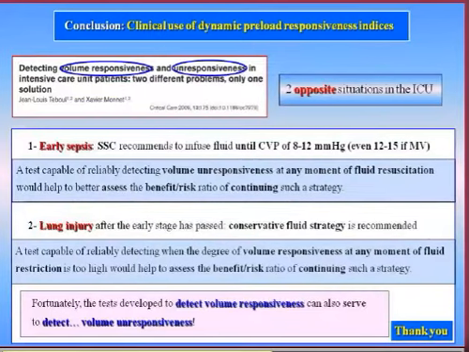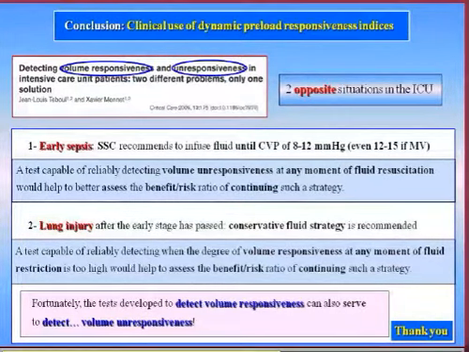So my conclusion is that we can use clinically dynamic responsive indices, but in fact we have to identify two opposite situations in the ICU. Very schematically, early sepsis: the Surviving Sepsis Campaign recommends infusing fluid until CVP reaches a level of 8 to 12, or maybe even 12 to 15 in patients receiving mechanical ventilation.